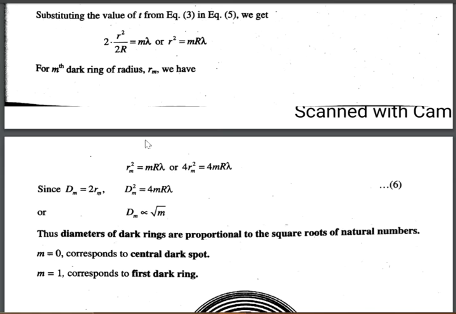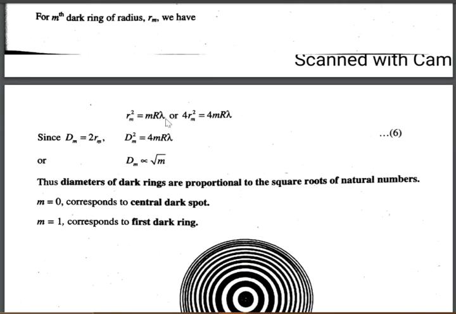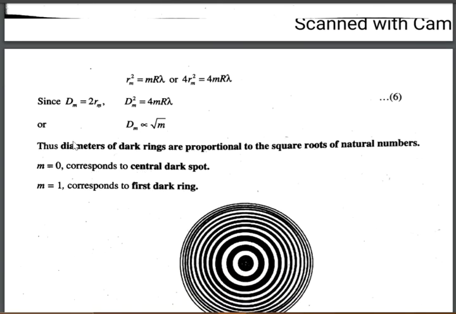For the mth dark fringe Rm, we can write Rm square as m R lambda, or 4Rm square is equal to 4m R lambda. So therefore dm square is equal to 4m R lambda, dm proportional to square root of m.